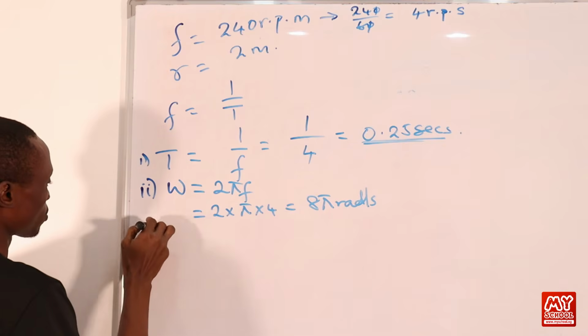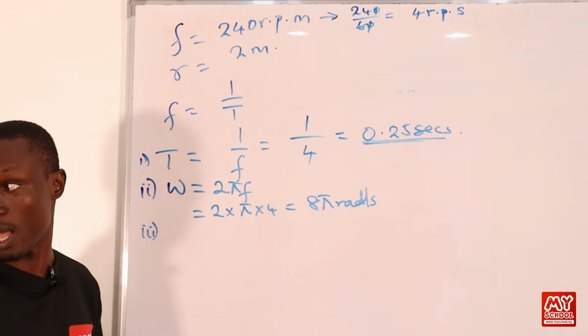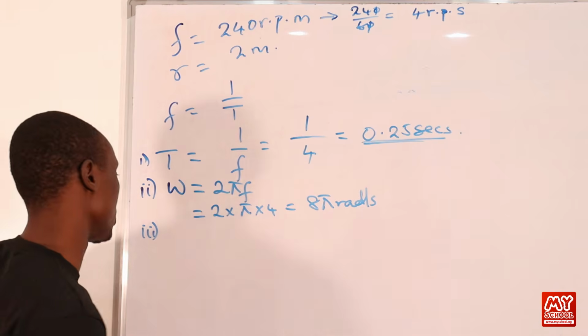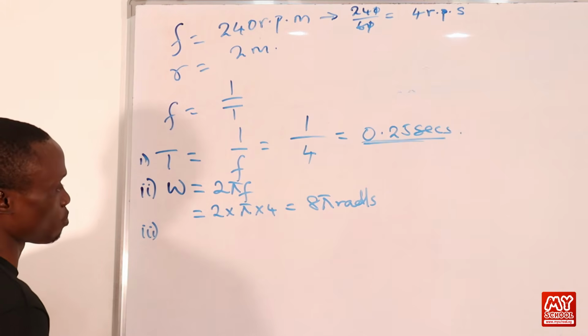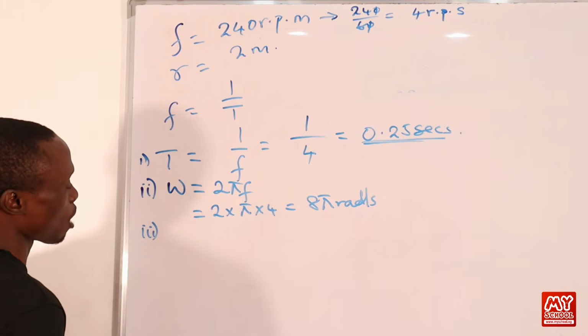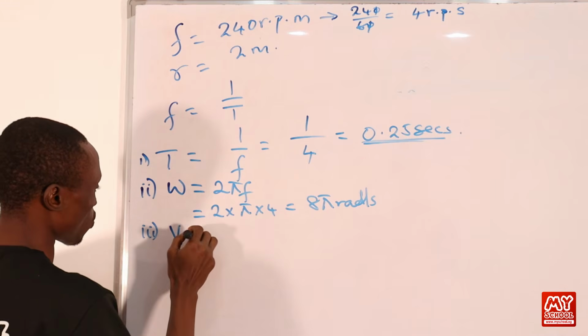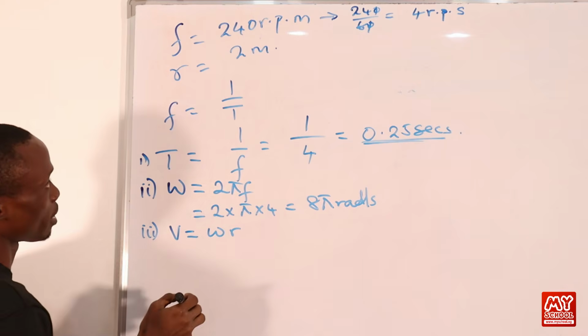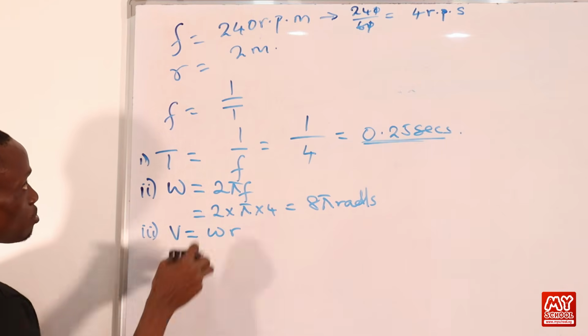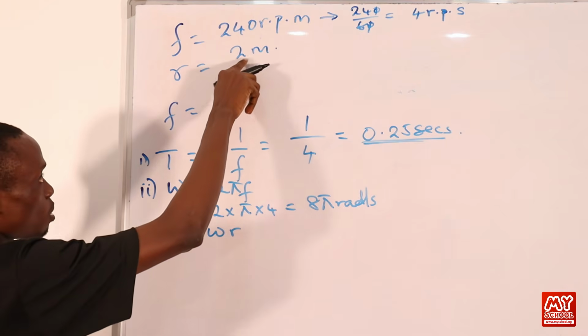So let's solve the third question. We are asked to calculate linear velocity. Remember that there's a relationship between angular velocity and linear velocity, and that is given as v is equal to omega r. From the question we are told that the radius of the circle is 2 meters.